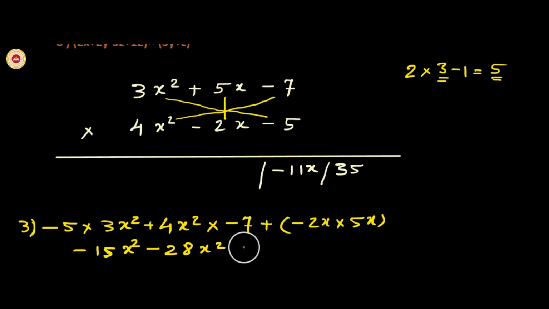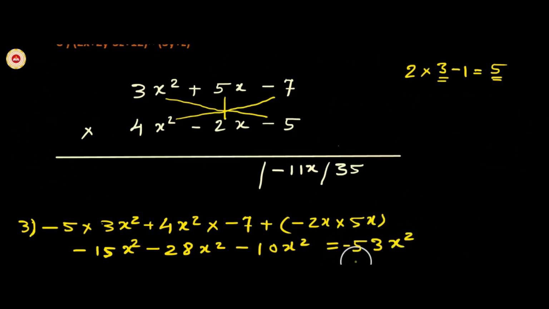Okay, minus 2x multiplied by 5x, that means minus 10x squared, which is equal to minus 15 minus 28 minus 10. So 0 plus 8, 8, 8 plus 5, 13, write 3 carry 1. 1 plus 2, 3, 3 plus 1, 4, plus carried 1, 5, but minus, okay, x squared.